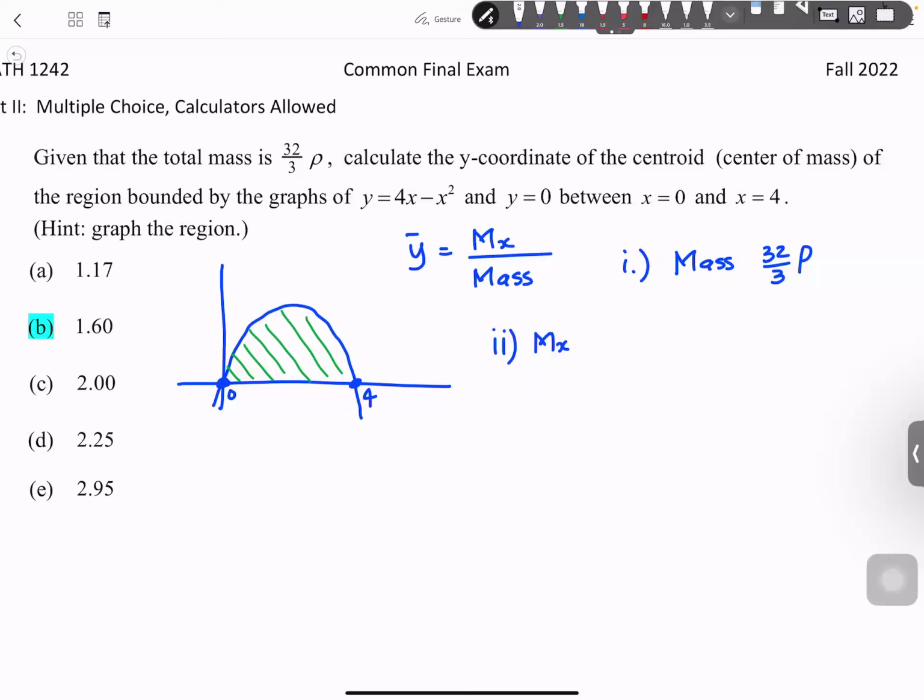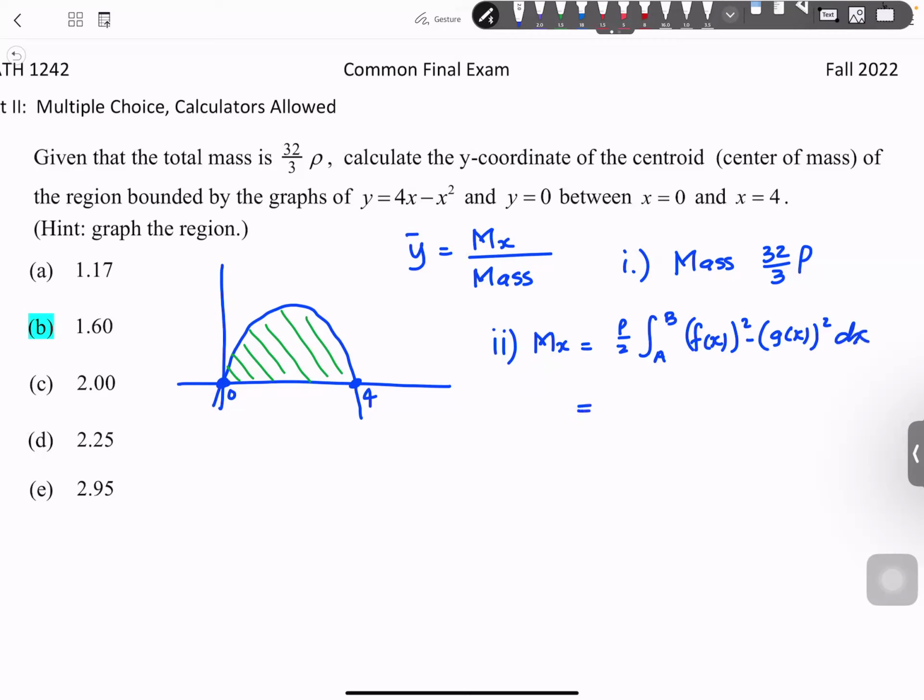Now, the formula for moment about x is rho over 2 times the integral from a to b of your function. If you have more than one function, it's going to be f of x squared minus g of x squared dx.